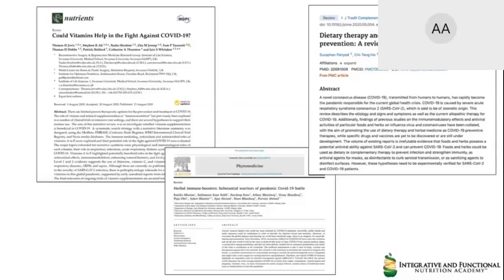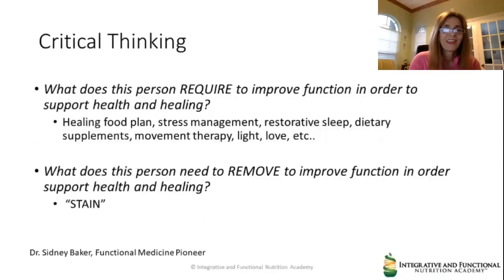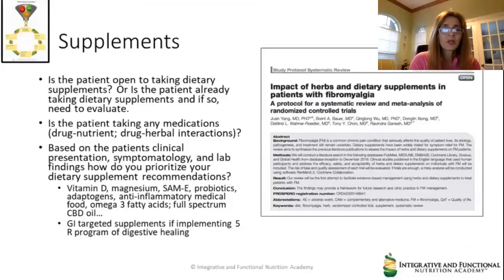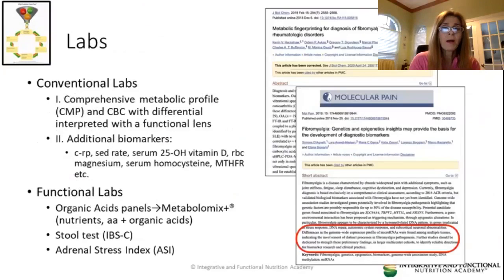Yeah, absolutely. Let me go back. Hang on one second. So in a situation like this, what ended up happening was, on this screen, these are the potential labs that could be run. The organic acids panel was the one that really ended up giving us the most information, because of all the different organic acids and biomarkers on that panel, which is a subject for another day.